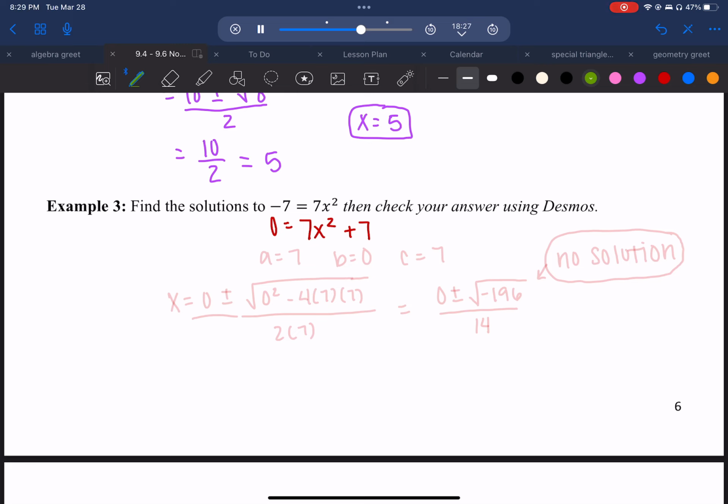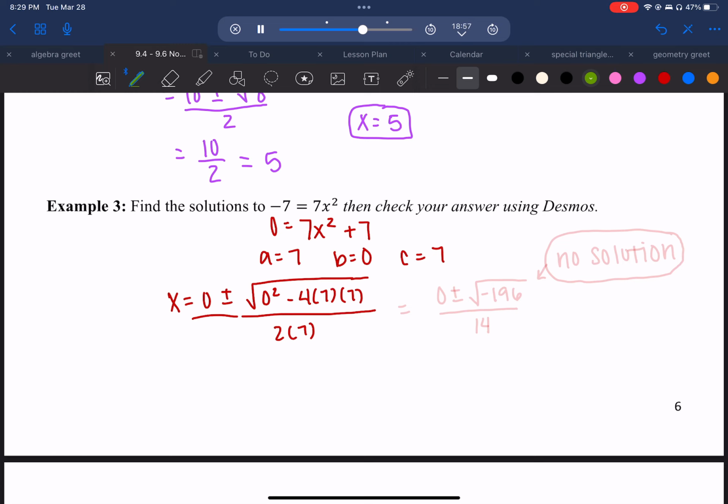So we have A equals 7, B equals 0 because it is not in there, and C equals 7. We then get the quadratic formula, which is 0 plus or minus the square root of 0 squared minus 4 times 7 times 7, all over 2 times 7.